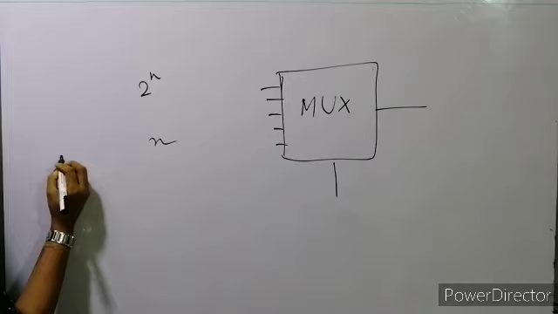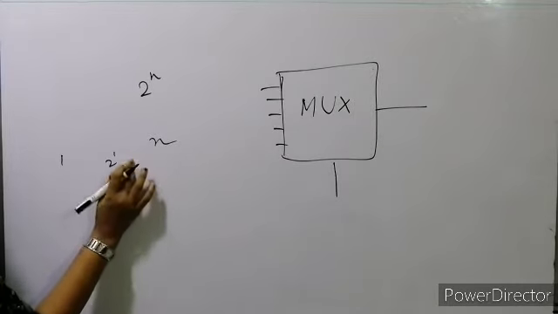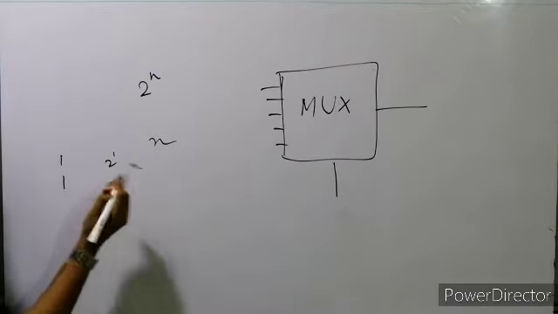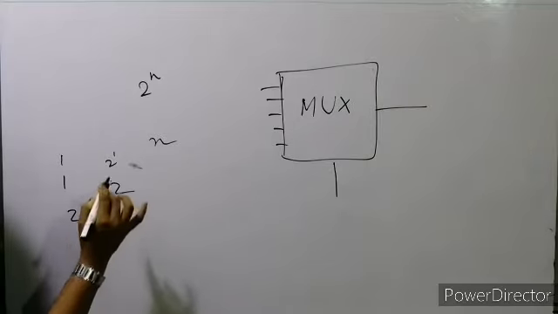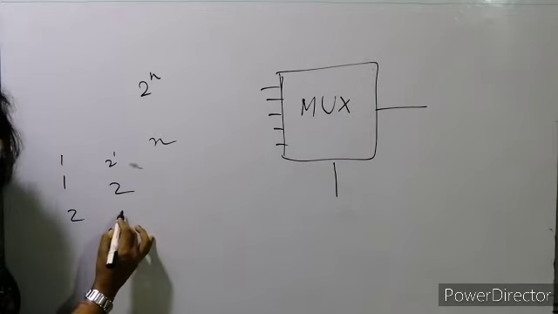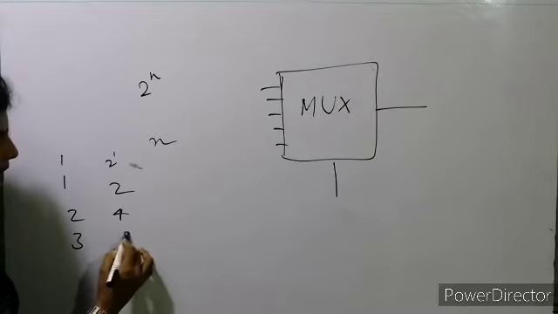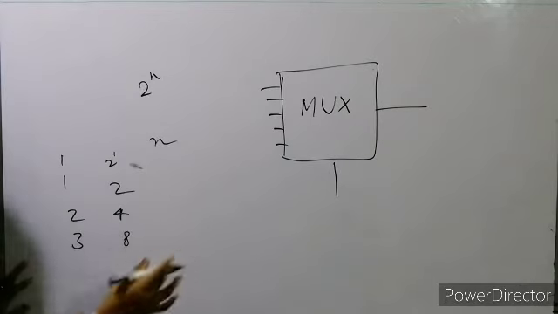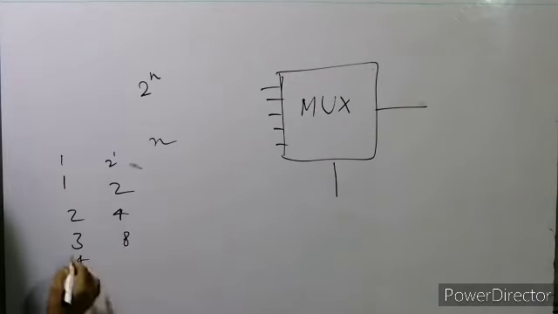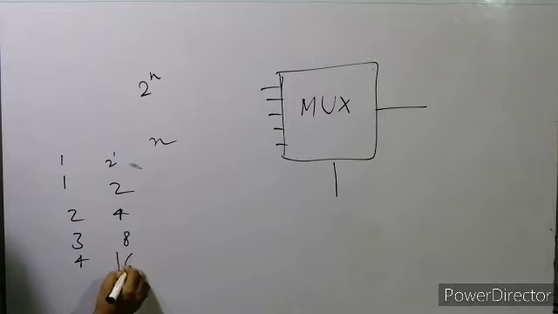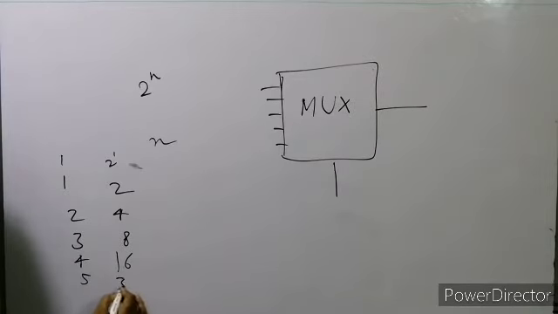If n is equal to 1, what is 2 to the power n? 2 to the power 1 is 2. So if one select line is there, there will be 2 inputs. If 2 select lines are there, there will be 2 to the power 2, so 4 inputs. If 3 select lines are there, there will be 8 input lines. If there are 4 select lines, 2 to the power 4, that is 16 inputs. If 5 select lines, there will be 32 inputs.